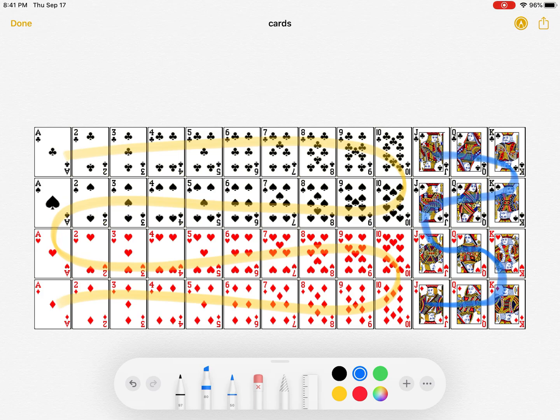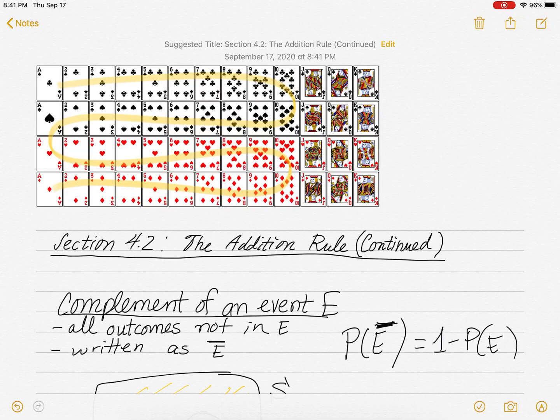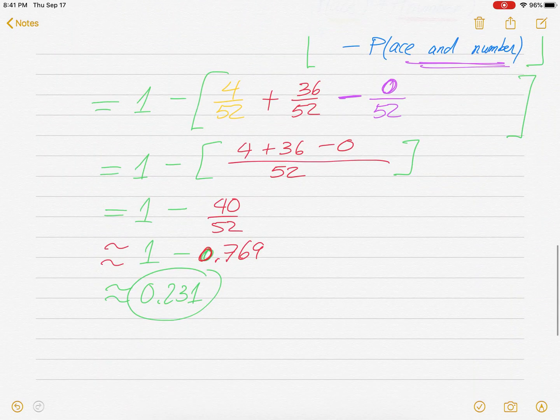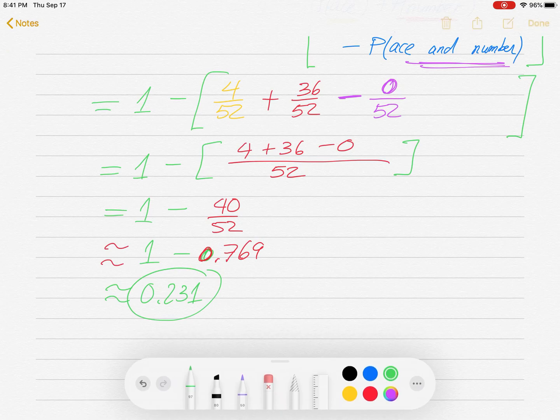There's 12 of those, 12 out of 52 cards. That's another way to do it, a very direct way. So if you write it that way, you can write out 12 out of 52, and you should get 0.231. Let's just double check that. 12 divided by 52 is about 0.231. Yeah, that's a quick way to do it.